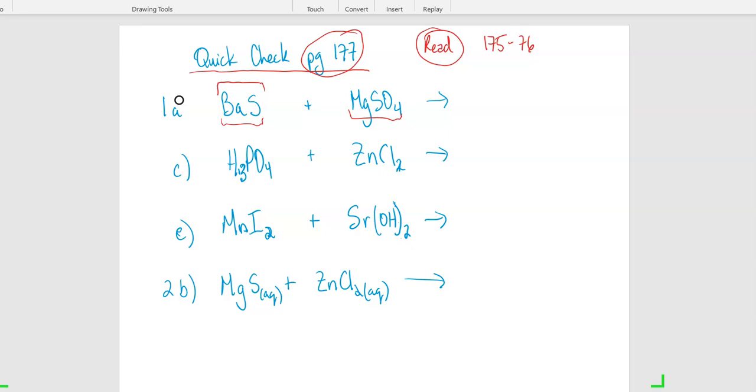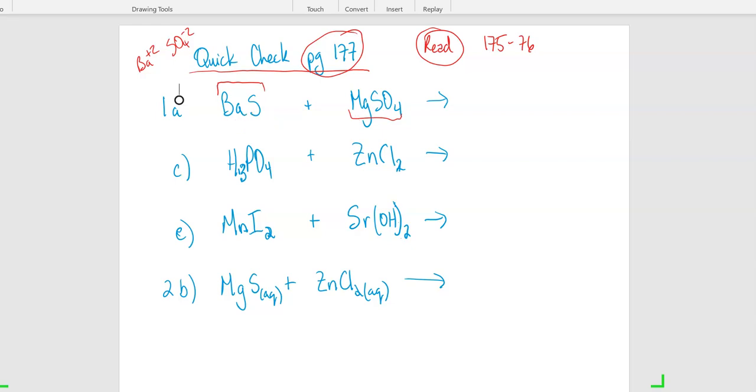When barium switches places with magnesium, we need to make sure we understand that barium is +2 and sulfate is -2. So we have to build the compound based on the charges of the ions, not based on the subscripts that we would see in the formula, right?